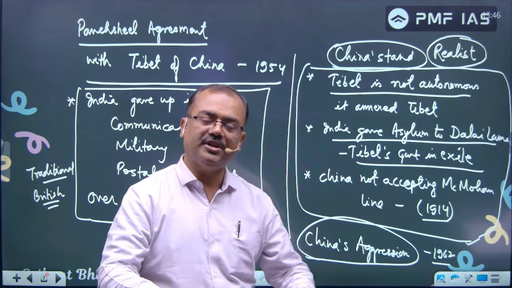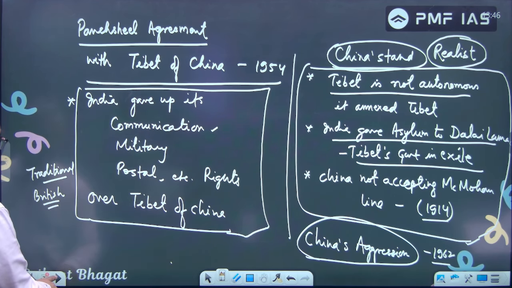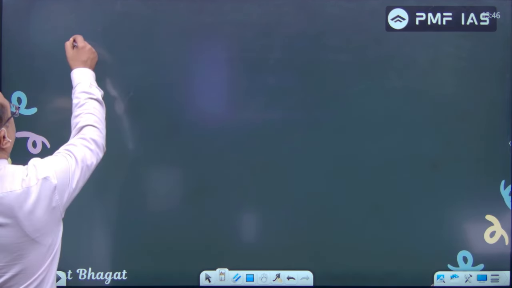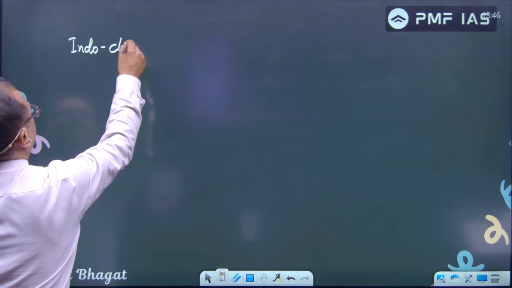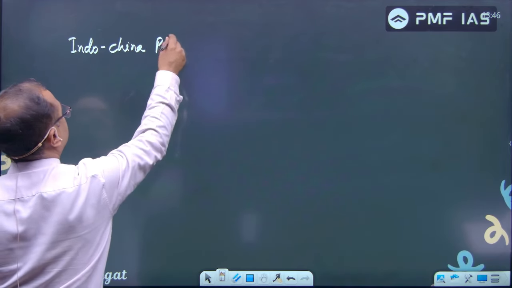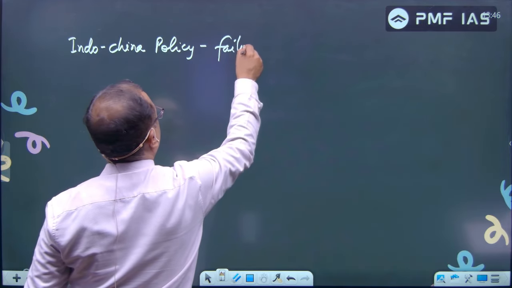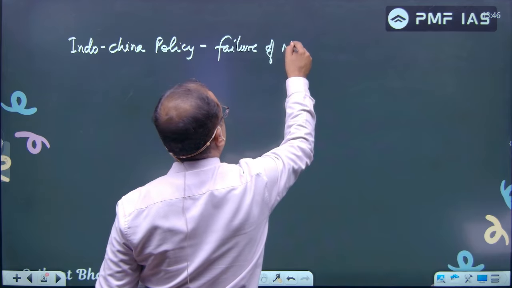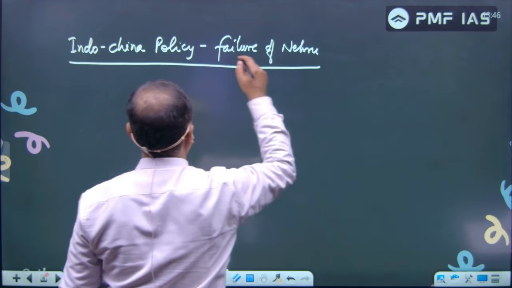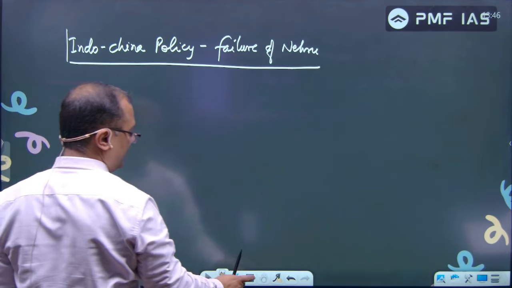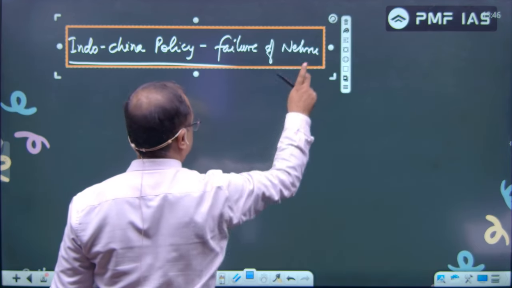India had to come to terms. So this Indo-China policy is Nehru's failure. Okay, this failure of Nehru. So Nehru failed in his foreign policy.